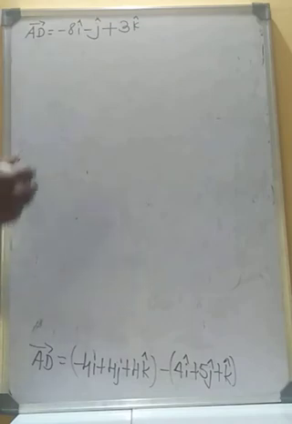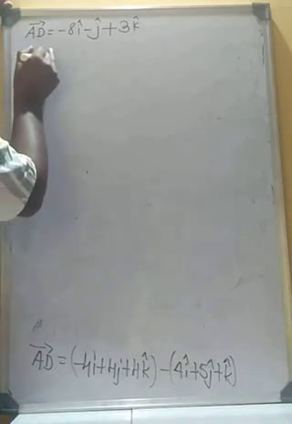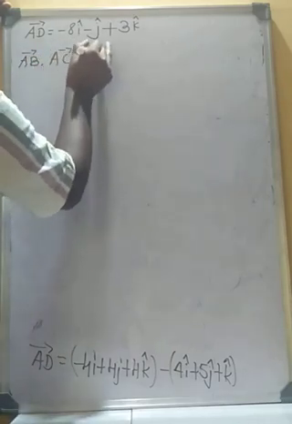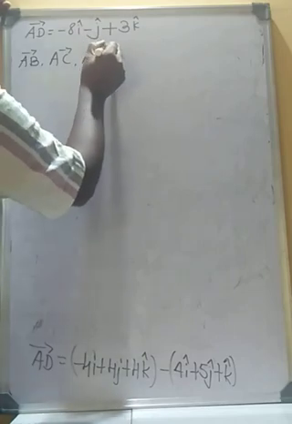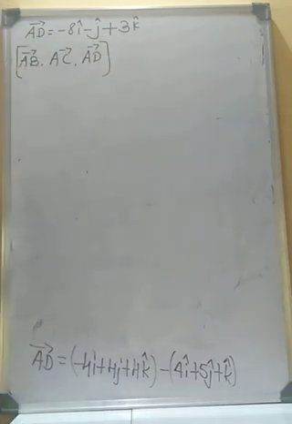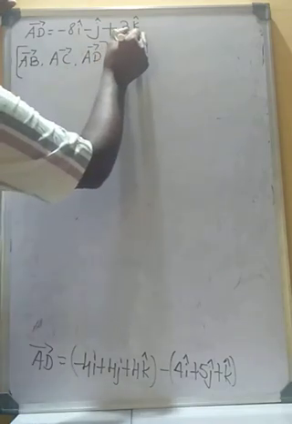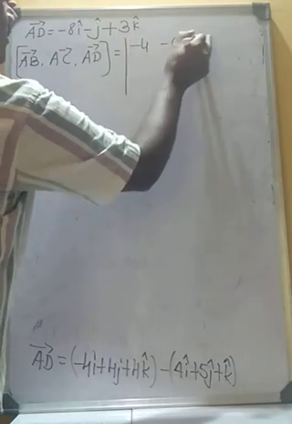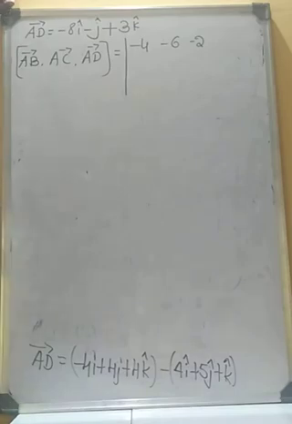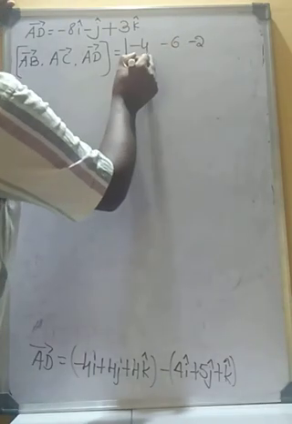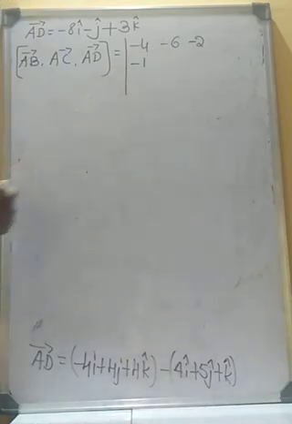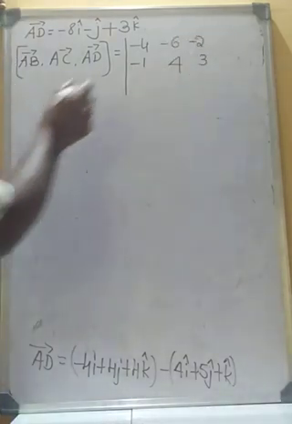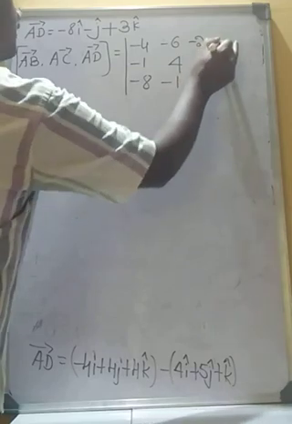So therefore, AB vector, AC vector, AD vector is equal to the determinant with AB: -4, -6, -2; AC: -1, 4, 3; AD: -8, -1, 3.